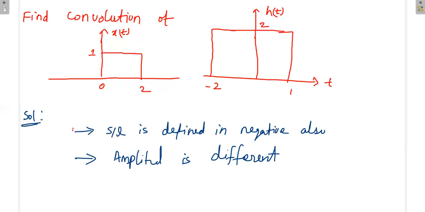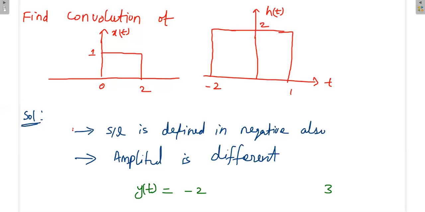Before going to that, what is the limit? The final answer y of t goes from minus 2 to plus 3, because the lower limit 0 minus 2 is minus 2, and the upper limit 2 plus 1 is 3.